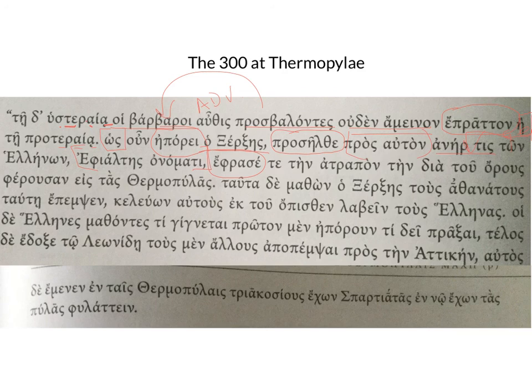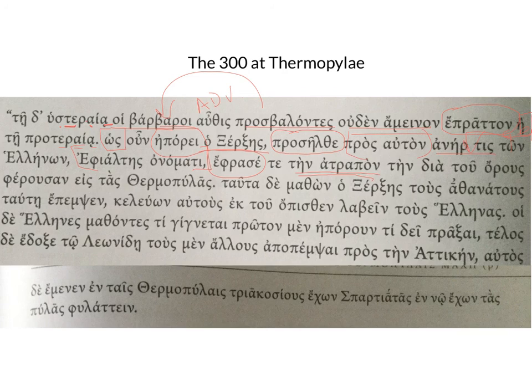So what he did, he showed, he pointed out. What did he point out? Ten atrapon. An atropos is a path. Note, ten atrapon, that this is a feminine noun of the second declension. So, Ephialtes ephrase ten atrapon.